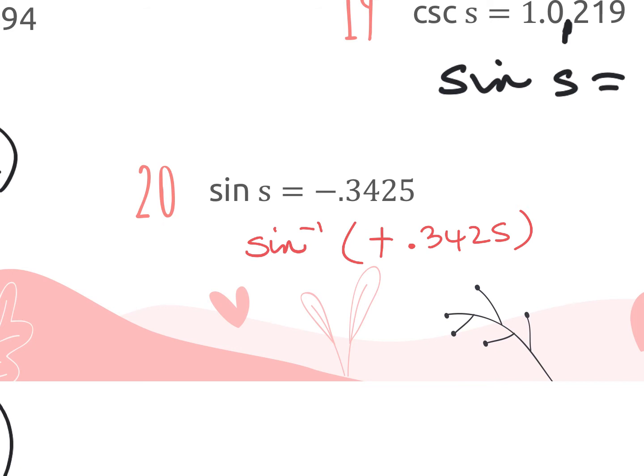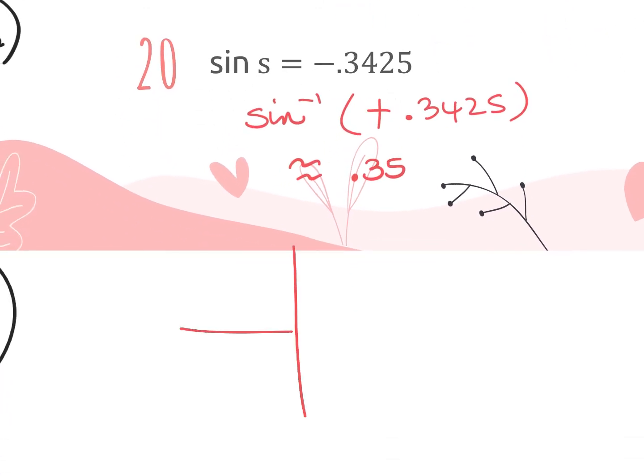That will then give you the reference angle from quadrant 1. This is when you change the sign, when you're looking for an angle. So we're going to hit the second sine, enter this as positive. Once you do this, you are going to get 0.35. This is going to give me the reference angle from quadrant 1.